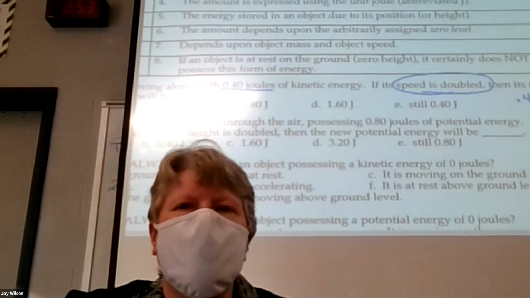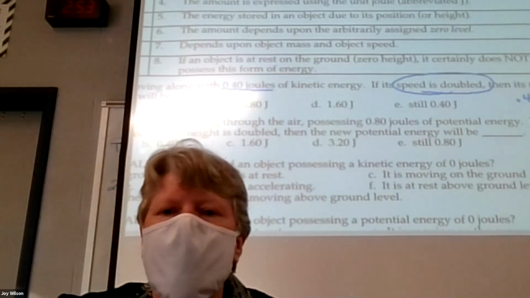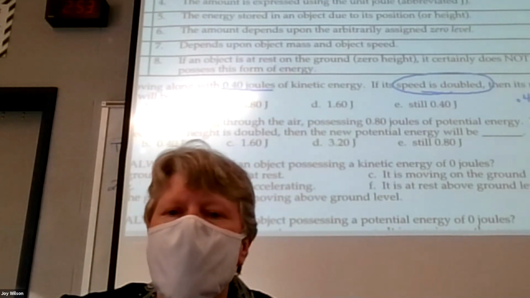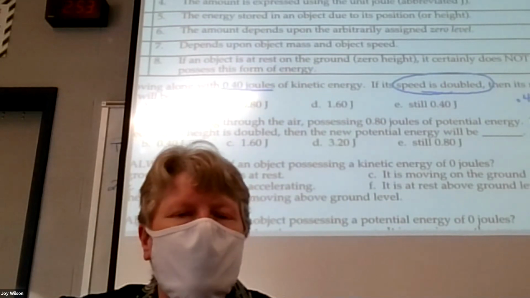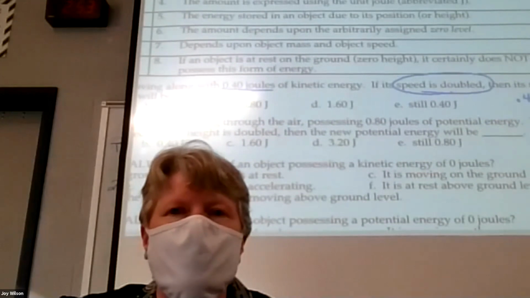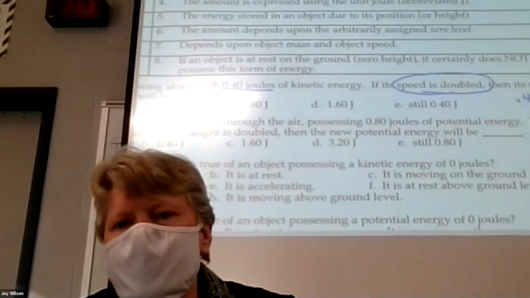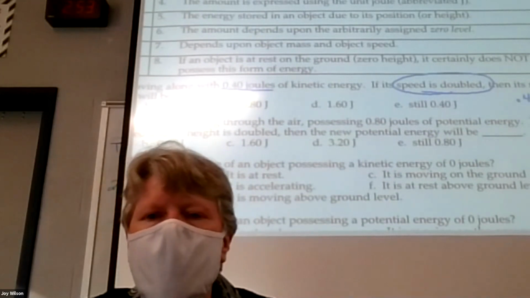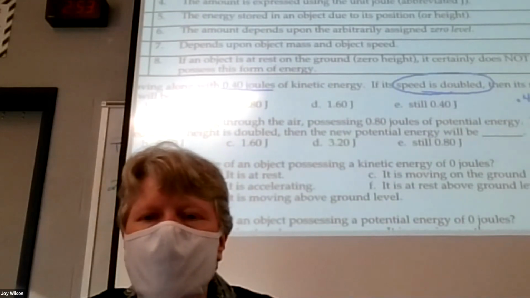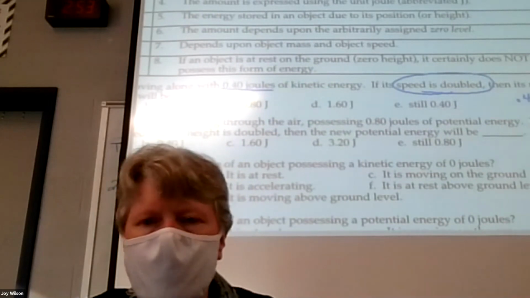What would now be in my parentheses? See, the 2 is now inside the parentheses with the velocity. So now what do I really have inside? I have a 4 that I didn't have a minute ago.